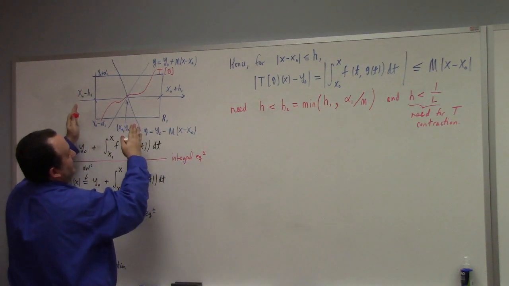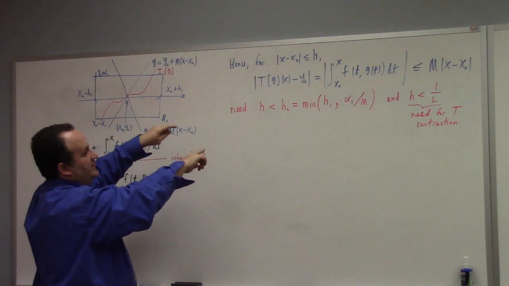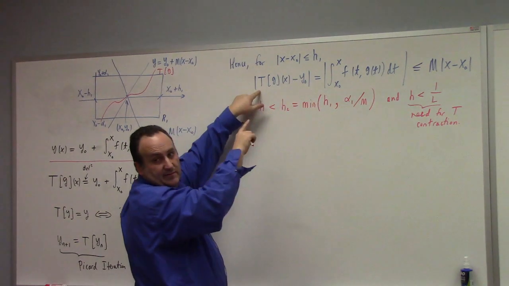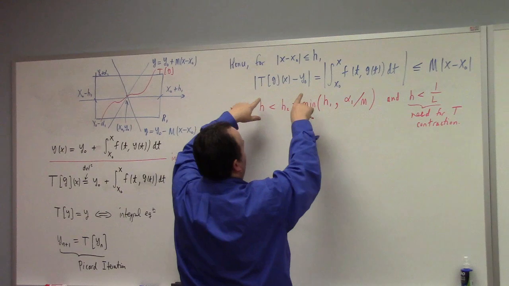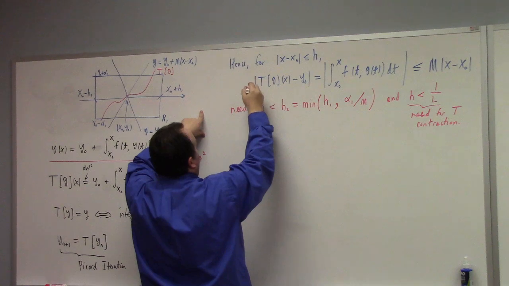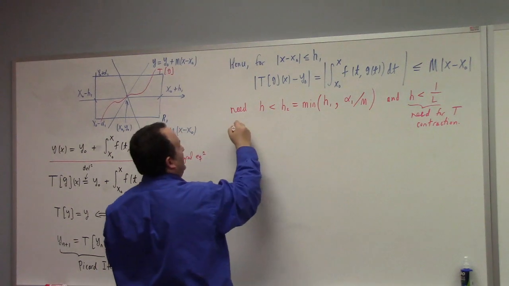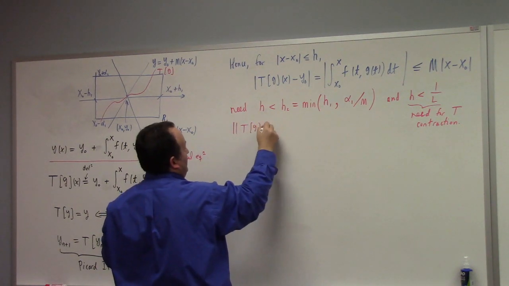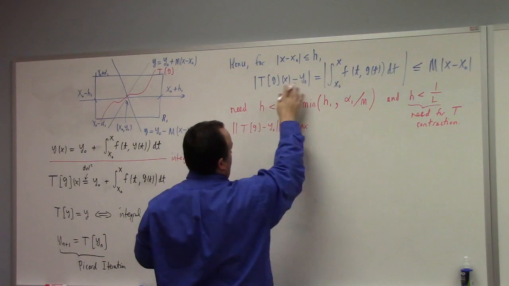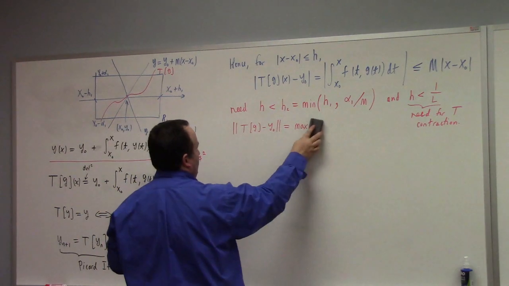So you see this here, this is how far T(g) is from y₀. Well, this is not that exactly, but certainly the norm of T(g) - y₀ is by definition like the max of this. Anyway, let me not blather.